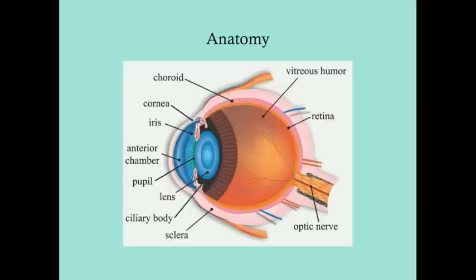So if you were to look at the eye from the side, slice it right down the middle, this is what you would have. So you've got three chambers, an anterior chamber, a posterior chamber, and then a vitreous chamber. And they're not the same, so the anterior and posterior chamber have aqueous humor, and then the vitreous chamber has vitreous humor. The uvea is three parts.